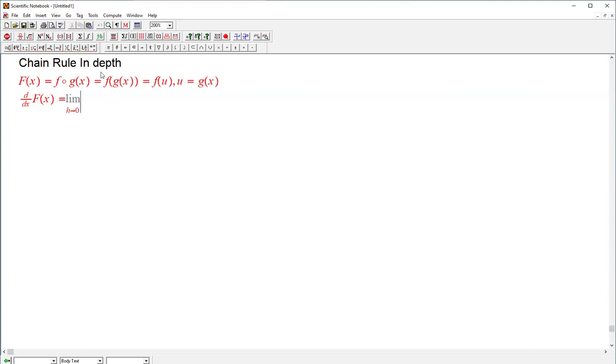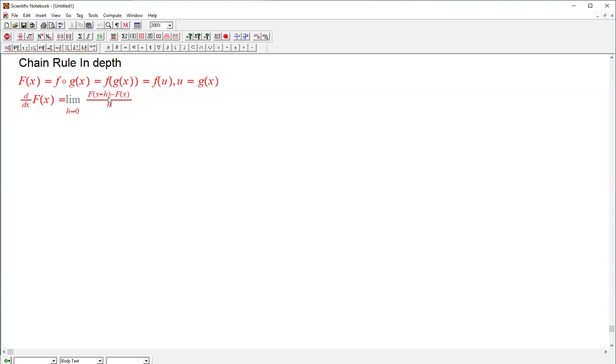This is our familiar definition: capital F of x plus h, subtracting capital F of x, divided by h.